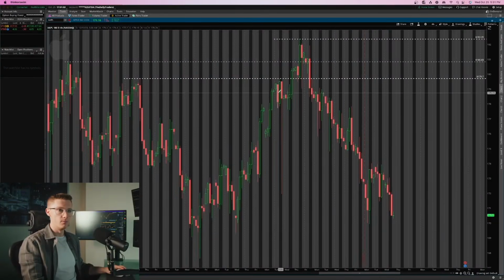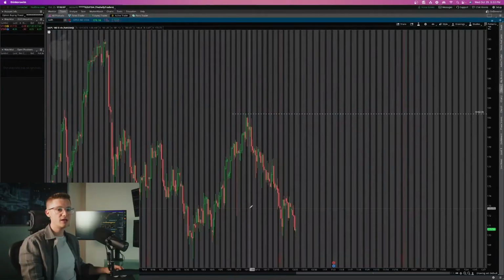Well, that is because we can see price has moved past these areas, 179.70, which was previously acting as resistance. We broke above that area and then traded up to our next previous resistance at 180.83. So now these two levels have been invalidated as resistance, and we've got our new resistance level at 182.35.